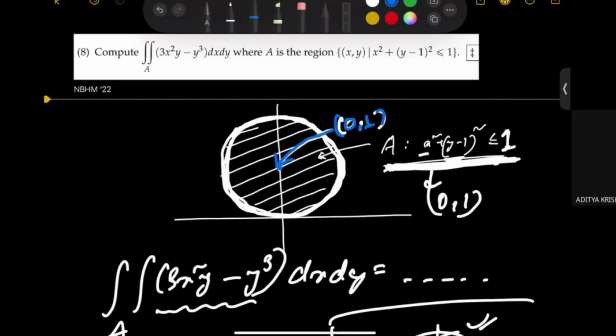It has radius 1 because it's less than or equal to 1. That is why we get r going from 0 to 1. Clear? Okay, sir. And theta goes from 0 to twice pi because it's a complete revolution, right? It's a complete revolution like this. So 0 to twice pi. Okay, sir. Right.